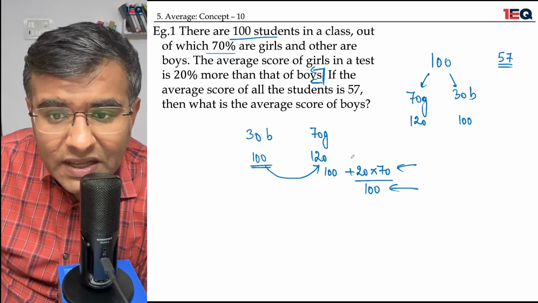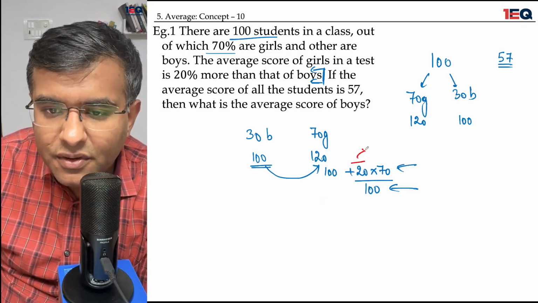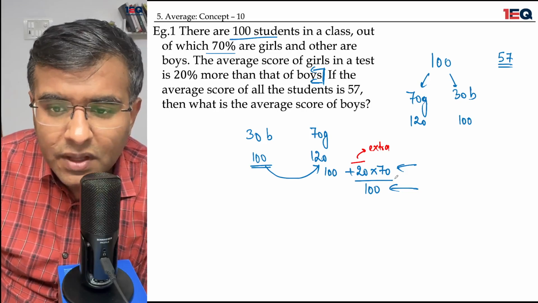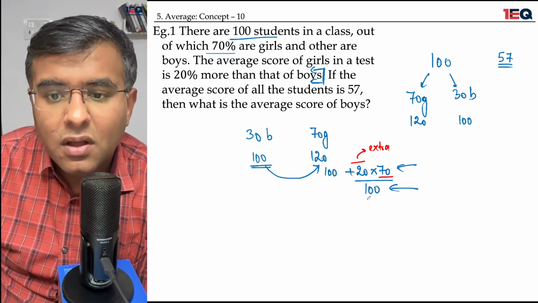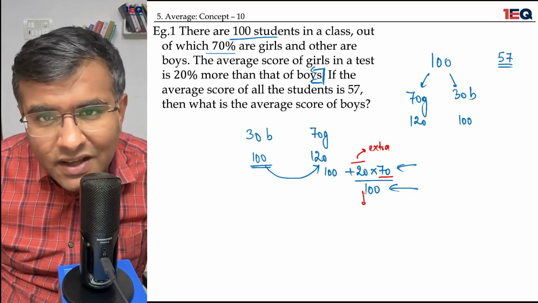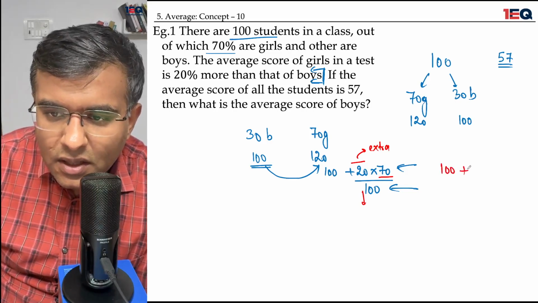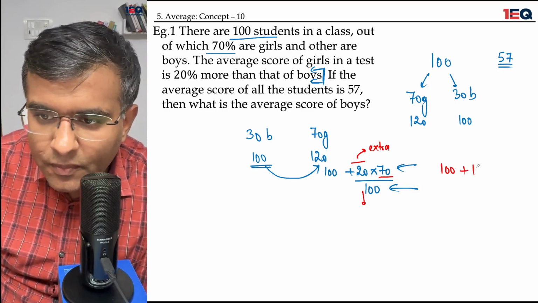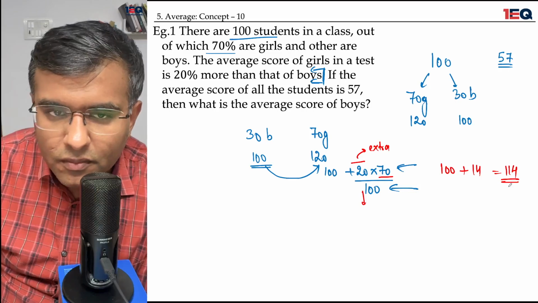A plus 20 extra effort was made by girls, and the total number of girls who made this extra effort was 70, and this entire effect was equally distributed among the entire classroom. So from here I can say that 100 plus 20 into 70 is 1400, 1400 upon 100 is 14. This comes out to be 114.